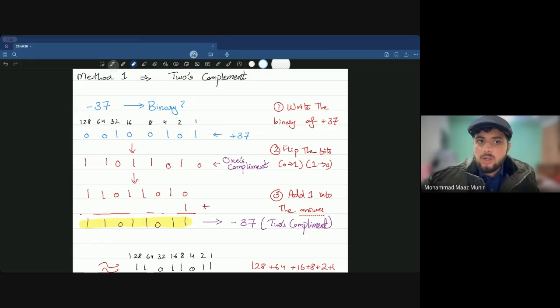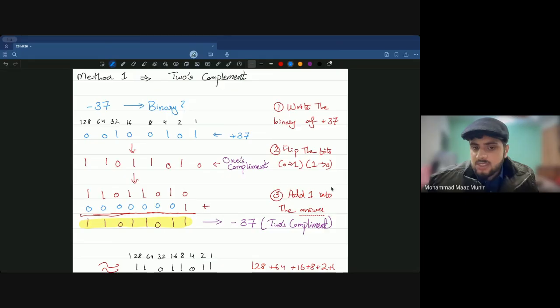You might be saying that we don't have anything beneath this, but 1 plus 0 is going to be 1. Okay, makes sense. It's just for your knowledge that if there is nothing listed up here, you can assume them to be zeros. But in reality, you don't have to add them with 0, 0, 0, 0, 1. You just need to add them with 1. And if you don't have anything next to it, it's basically empty zeros. So you just need to follow this step. You just need to add 1 into it. Perfect, I get it now.